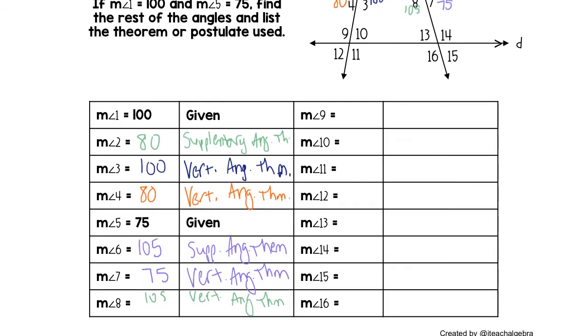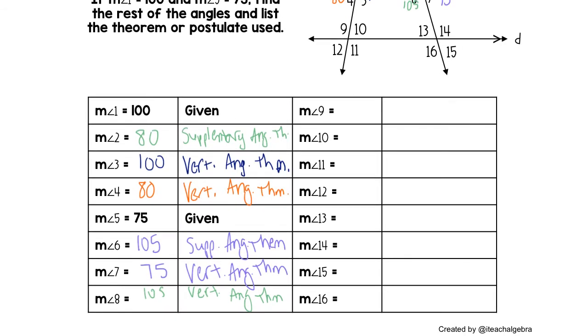Now we're going to scoot on down to 9 through 15. Measure of angle 9 is 100. Might have to look on your paper to see why. But it's because measure of angle 1 and angle 9 are corresponding angles. So we'll use the corresponding angle postulate to prove that.